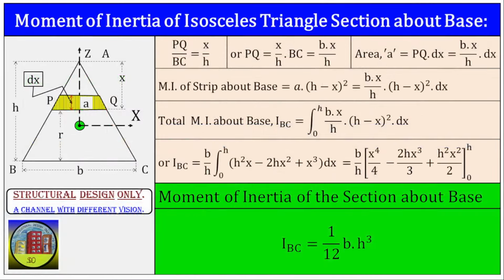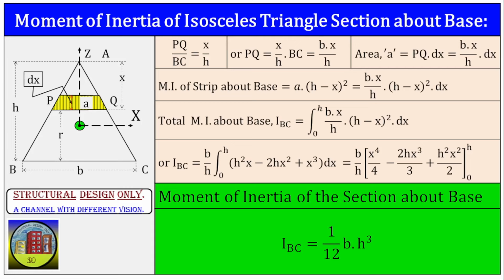Moment of inertia of isosceles triangle section about base. This slide shows how we can derive the formula for the moment of inertia of an isosceles triangle section about its base. The base length of this triangle is b and the height is h.